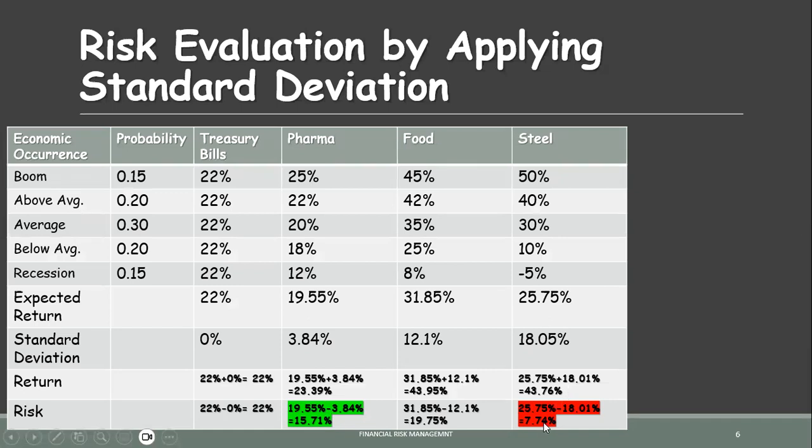So the steel sector investment is considered the most risky investment because of the maximum variance from the expected return, except treasury bills, because these are considered to be risk-free investments. We have the best investment in the pharma sector that has a minimum variance from the expected return, that is 3.84%.